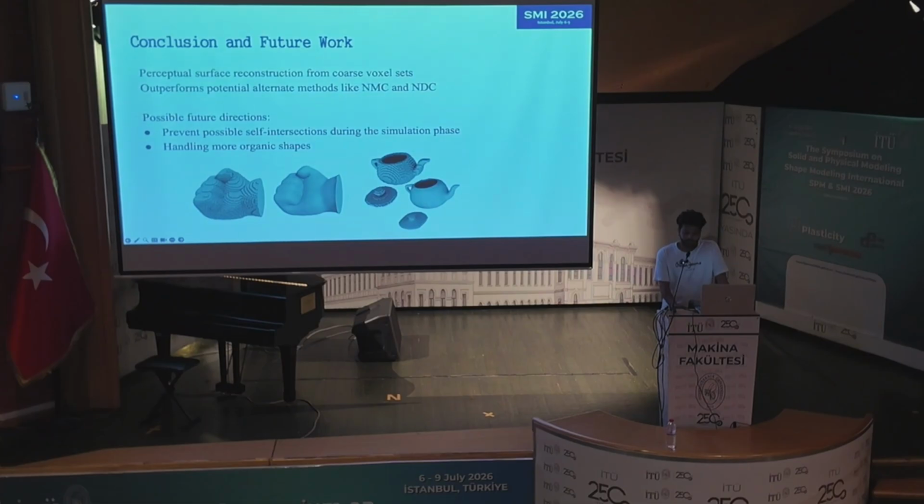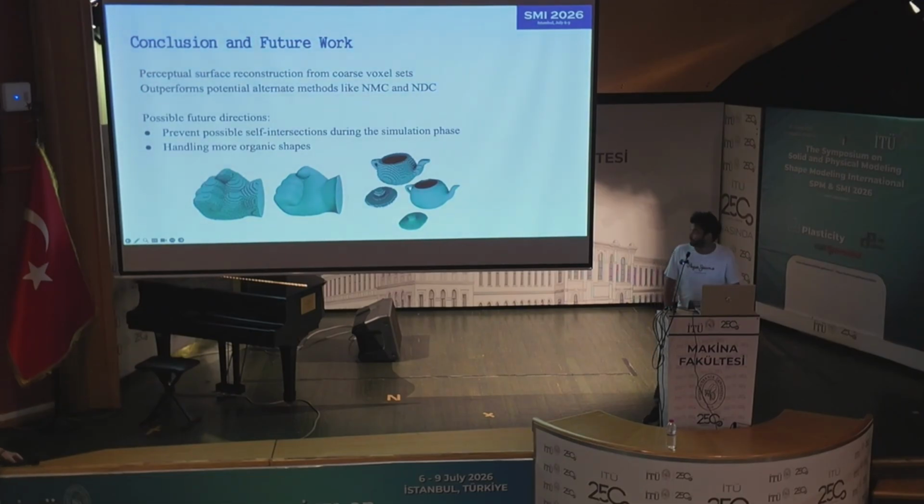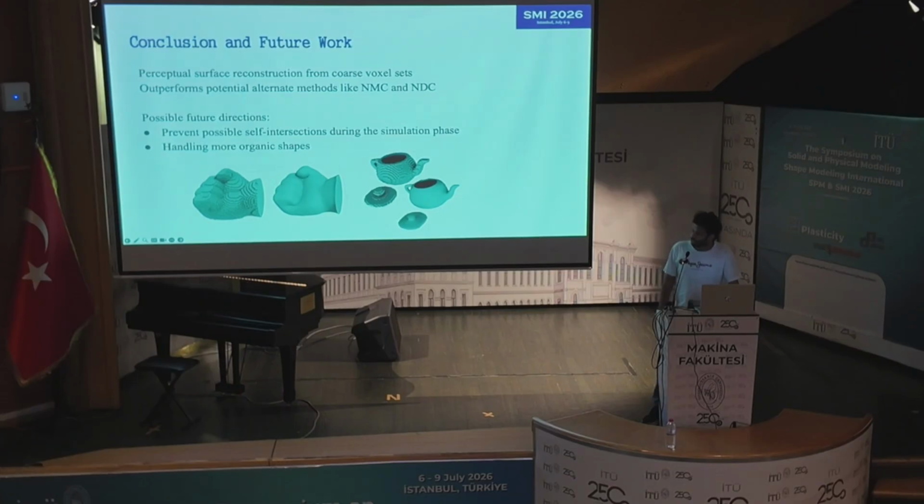So to conclude, in this work, we tackled an underexplored problem of perceptually reconstructing surface from coarse voxel sets. Our solution combines learning and geometry processing steps to best solve the problem and outperforms the potential alternate methods like NMC or NDC.